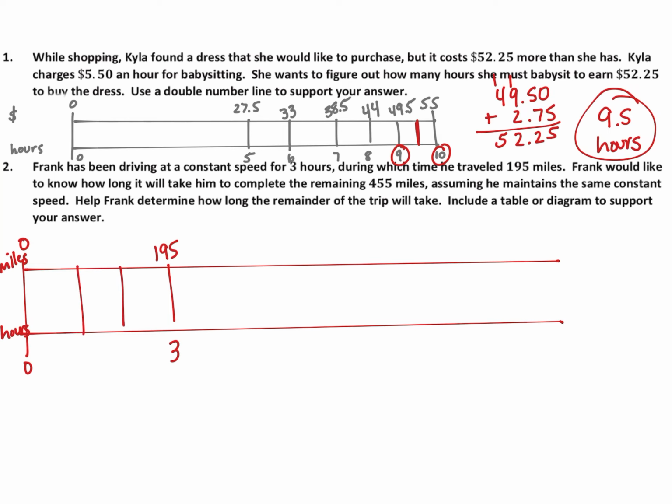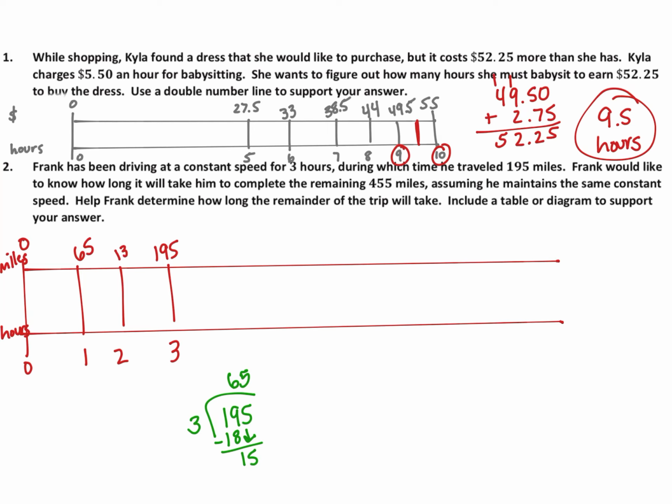So let's see how much he goes each hour. 195 split into 3 parts. 3 fits into 19 6 times. With 15, got to bring down that 5. 3 fits into 15 5 times. So each hour would be 65.